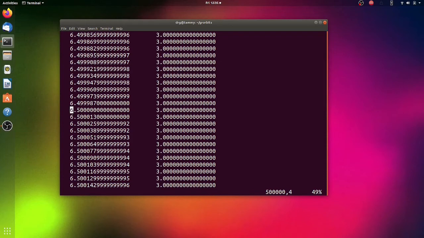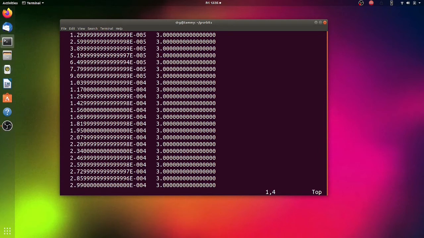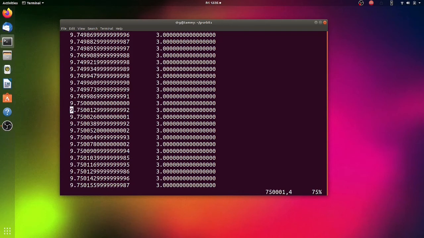I've now done just a little bit over 1 orbit, and as far as the computer can tell, r is exactly 3 still. Same story after 750,000 steps, and jumping to the end, it appears as though my numerical code has done extremely well describing the path of this photon in its circular orbit.